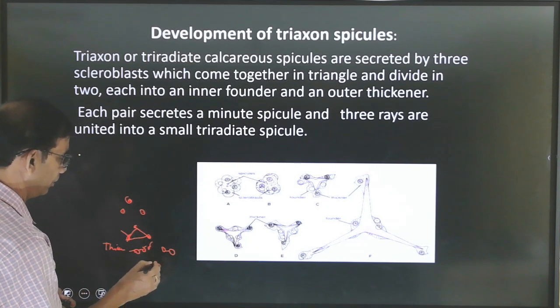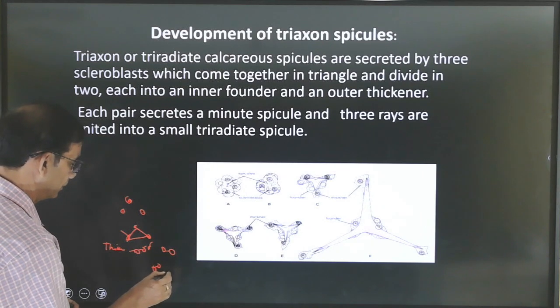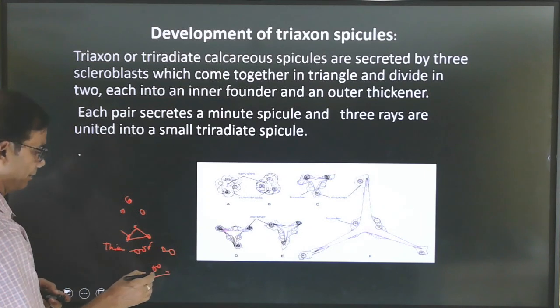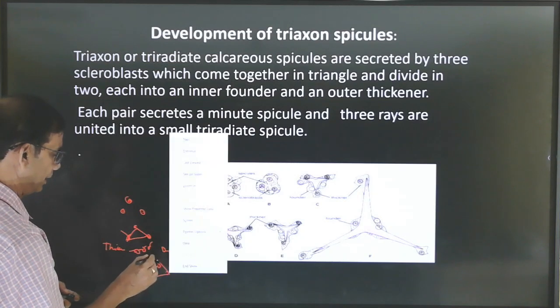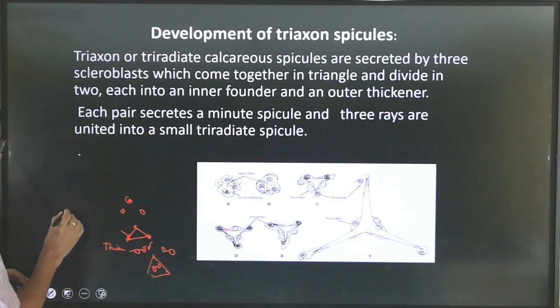All of these produce spicule-like structures by the deposition of calcium carbonate. Similarly, at all three layers, they ultimately form a triaxon.